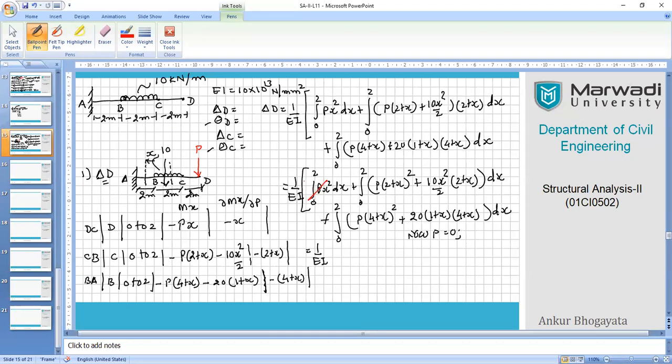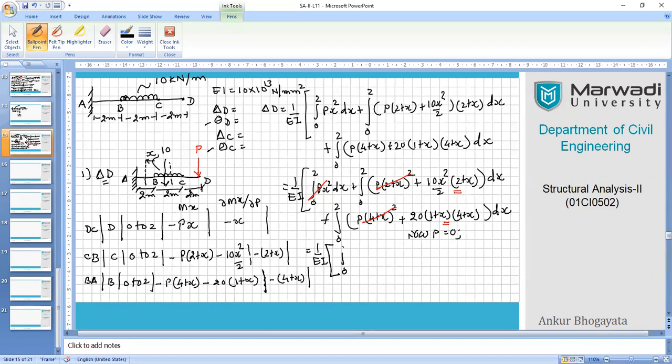This will get cancelled completely. This term will also get completely cancelled. So we'll retain this one. This term will retain. Again, it's going to be completely cancelled. So this term we are going to retain. So our equation in a way becomes shorter, right? So it is easy to handle actually. So that's why I have written it like this.